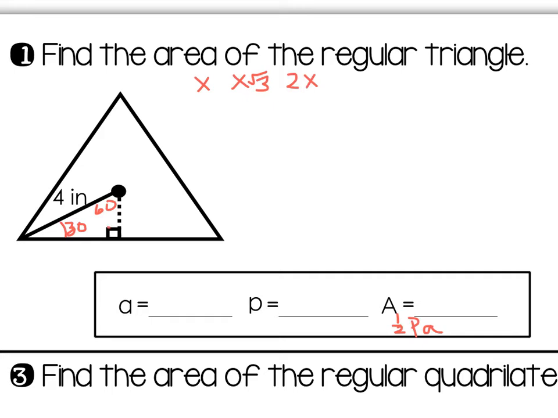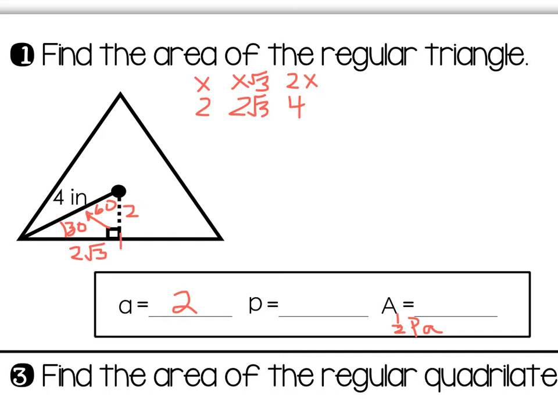So opposite of my 90 degrees is 4. So that means x is 2. And then my 60-degree angle is going to be 2 root 3. So the bottom of my right triangle is 2 root 3. And that dotted line is going to be 2. So that's my apothem, is 2. And then I need my perimeter.